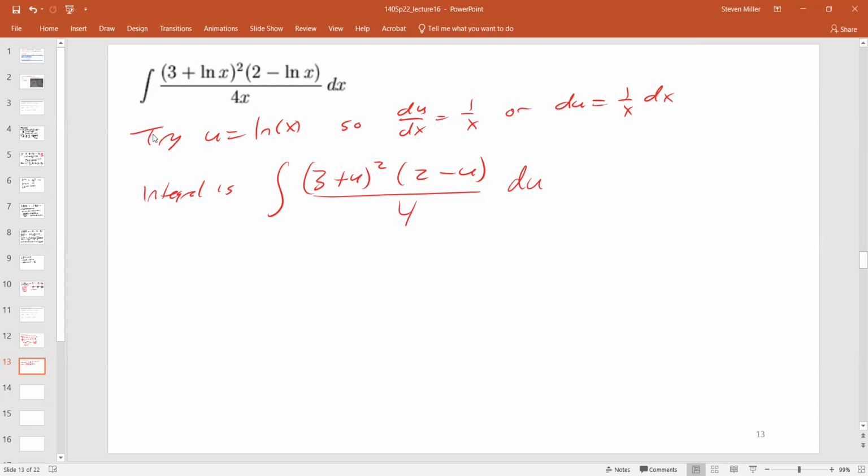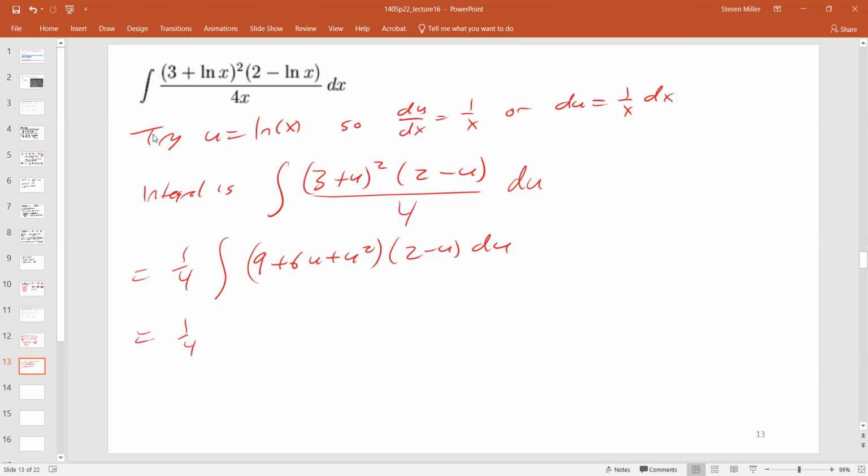Okay, now what do we do? So we can move the 1/4 outside. And what else should we do? Yeah, expand. So if we expand this, then we would get 9 plus 6u plus u squared times 2 minus u du.